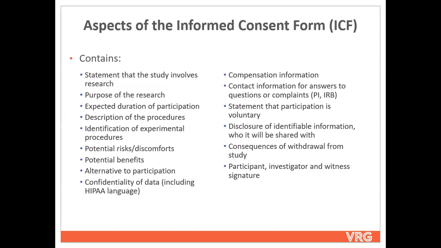So for example, if you have a new medication that you're testing, it will include information on whether or not the medication is FDA approved, any potential risks or discomforts, as we mentioned during the protocol discussions, for example, things like potential bruising from a lab draw, potential benefits to the participant, alternatives to participation, which oftentimes will say something along the lines of the patient being able to either receive treatment as usual at your agency or they can participate in the study.